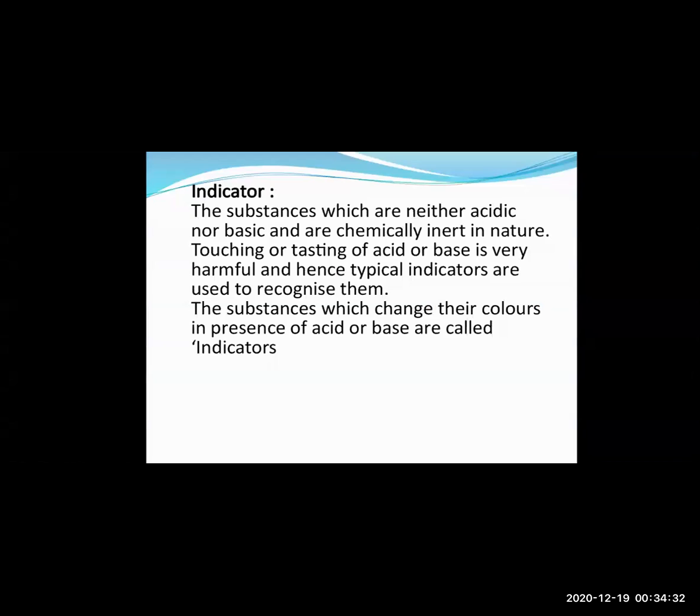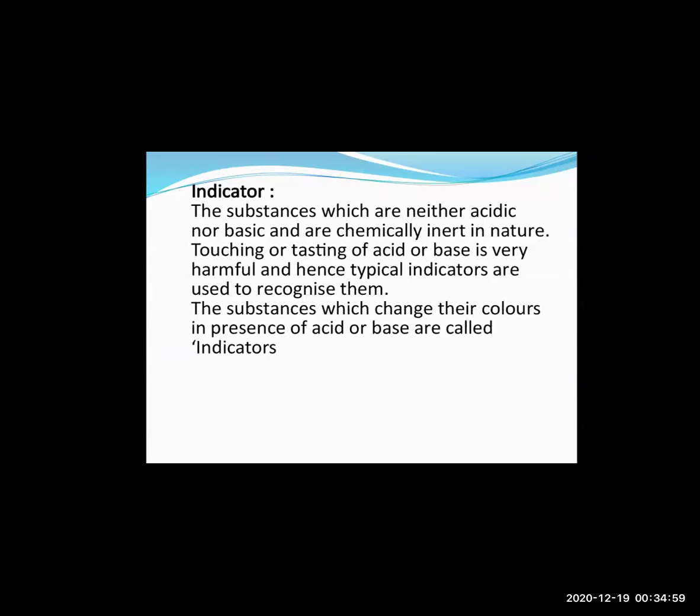So indicator, what is indicator? The substances which are neither acidic nor basic are chemically inert in nature. Now, as you all know, some substances are acidic while some substances are basic. But how to identify this acidic or basic? So for that purpose we are using the indicators. So there is one litmus paper.